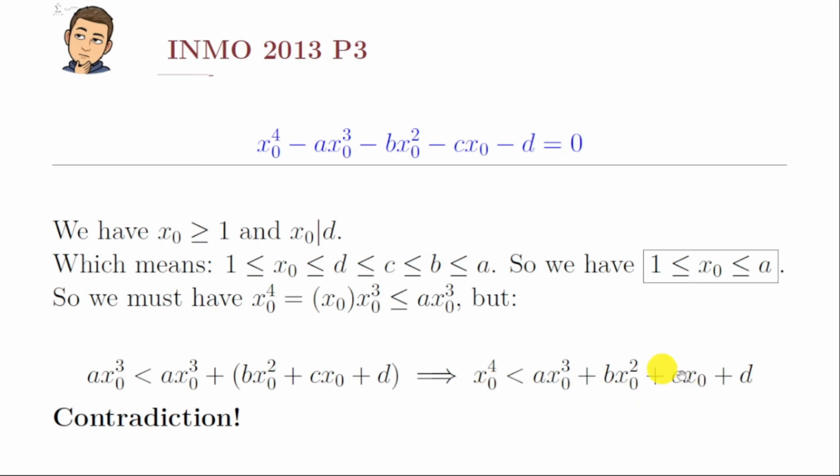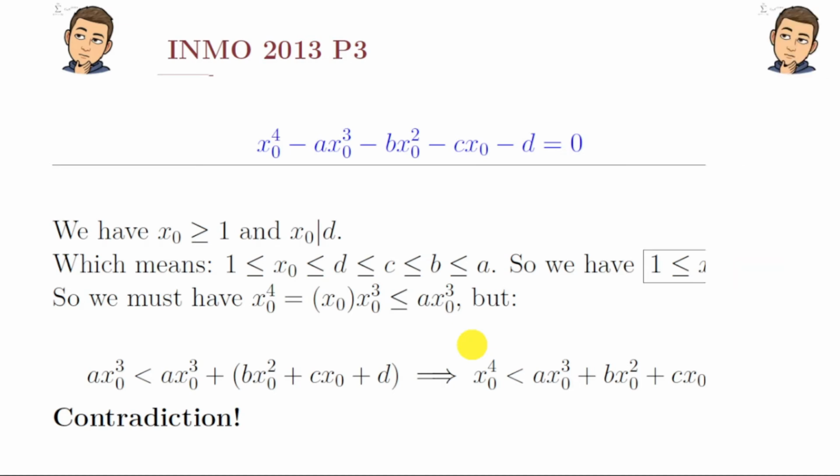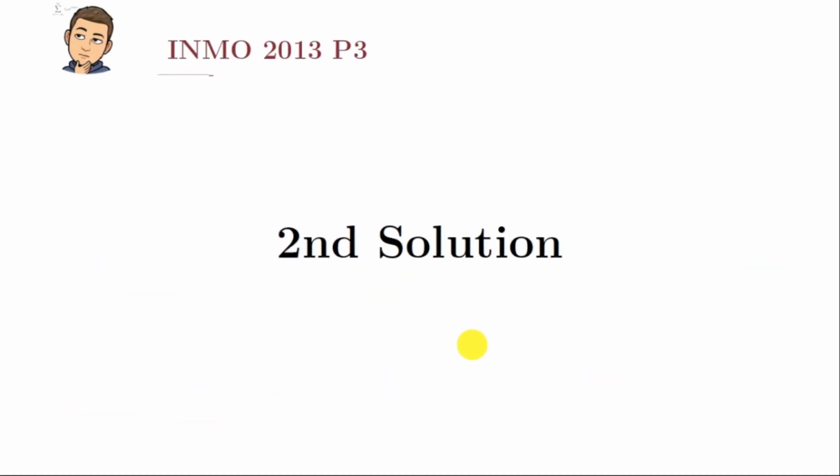And this is a contradiction because all these terms involving a, b, c, d must be equal to x0 to the power of 4 based on this quartic polynomial equation. So we get a contradiction. So for any possible integer solution, you always get a contradiction. So this is our first solution. And now let us move on to the second solution.